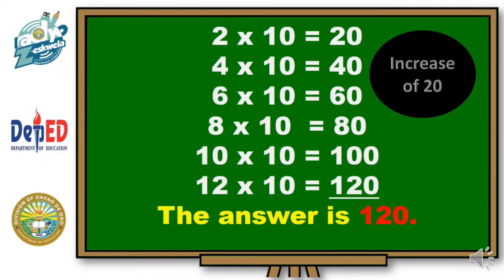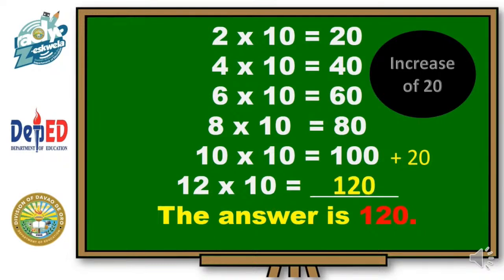Looking at the pattern, we see that each term increases by 20 after the first term. Therefore, we can say that by also adding 20 to 100, which is the last term, we get 120. Were you able to draw the correct conclusion in this activity?